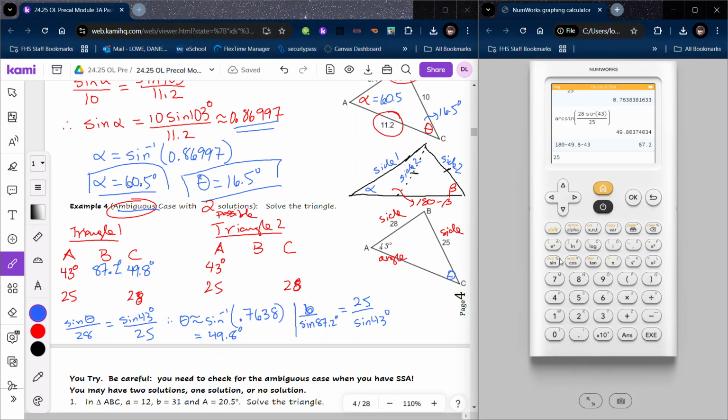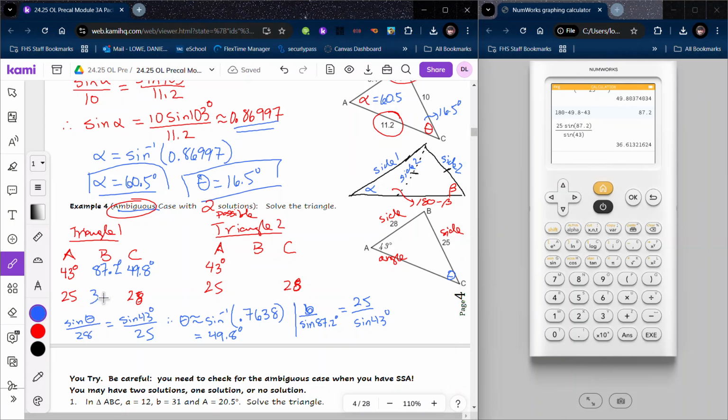So 25 times the sine of 87.2, all divided by the sine of 43, gives me approximately 36.6. So that's my other side length.